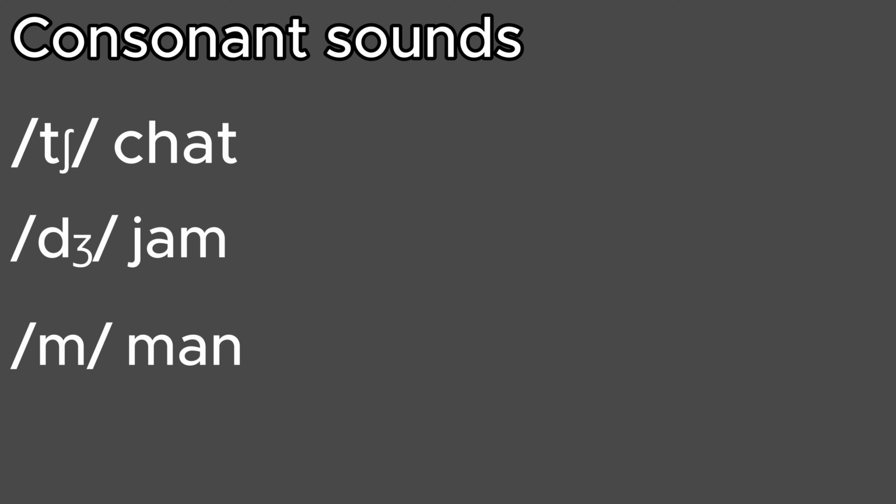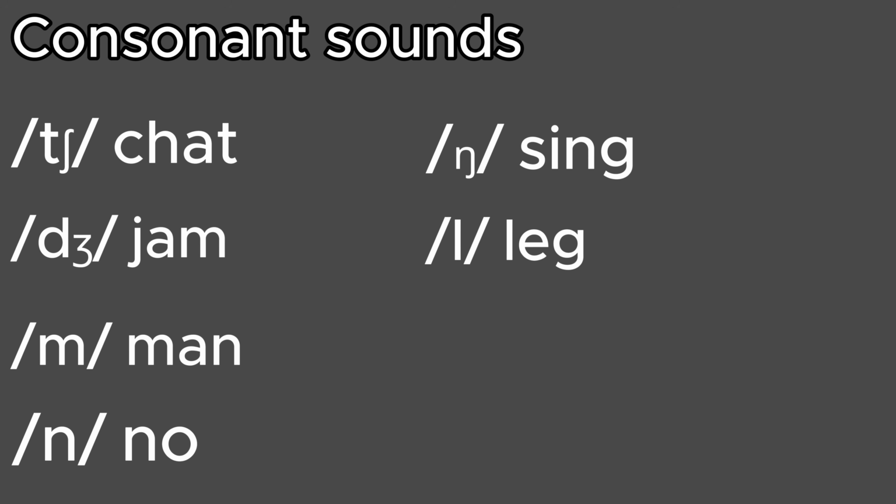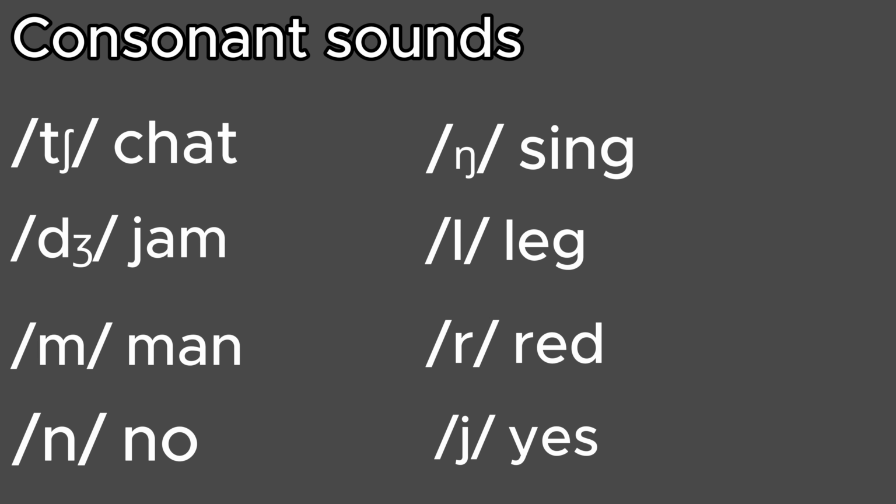And then we got /tʃ/ chat, /dʒ/ jam, /m/ man, /n/ no, /ŋ/ sing, /l/ leg, /r/ red, /j/ yes, /w/ wet. So what I'm showing you in slashes is the sound, so bear that in mind.